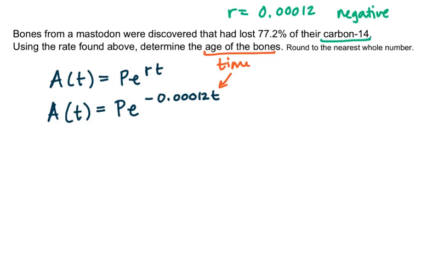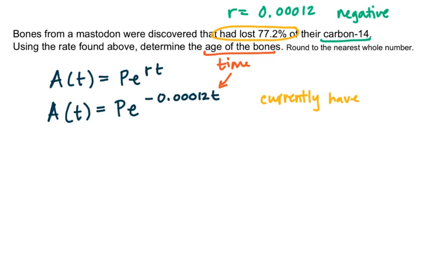So the only other number here we have is this 77.2%. They have lost 77.2%. So at the moment when they are found, if they've lost 77.2%, how much do the bones currently have?